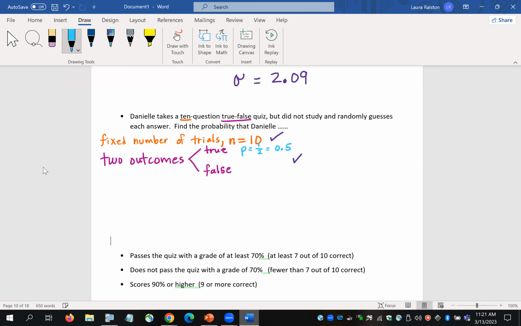So she's got a 50% chance of selecting true, but then also 1 minus that 50%, there's a 50% chance she's going to choose false. So it may not always give you a percentage, but they usually have enough information. Again, if you've got 2 outcomes and they're equally weighted, they're 50-50.